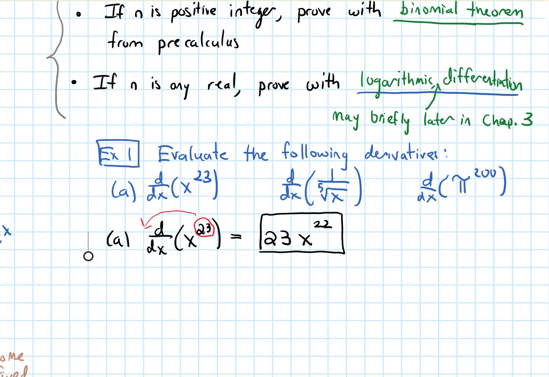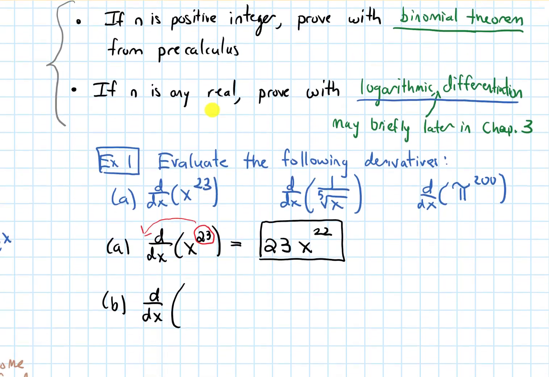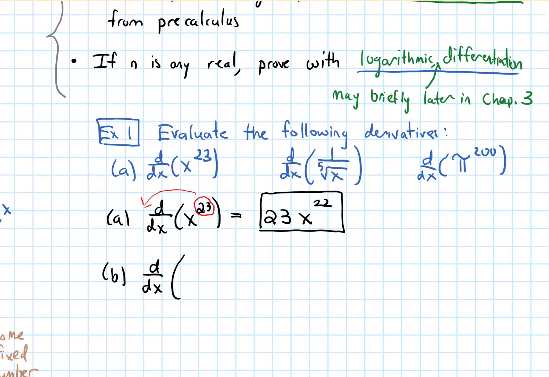All right, let's do part B. So B is saying, what's the derivative, d/dx, of 1 over the 5th root of x? So right now, that doesn't look like x to a power. Let's rewrite it to put it in that form. I can rewrite this as 1 over, and the 5th root is x to the 1 over 5.